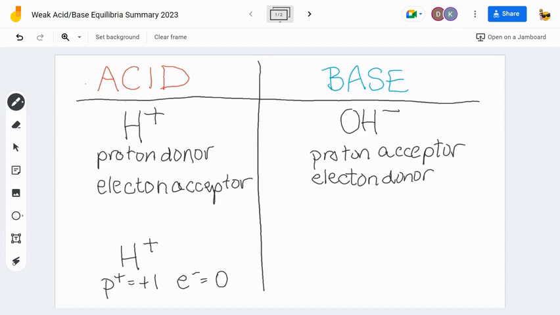So remember we said acids have no electron here. So H+ has no electron, so he is electron poor. When you think of electron poor, we're going to think of cations with a plus charge.